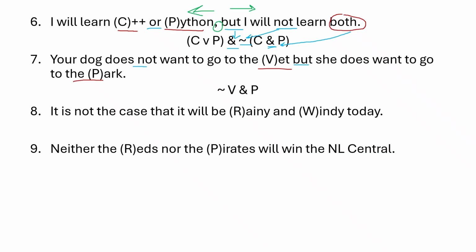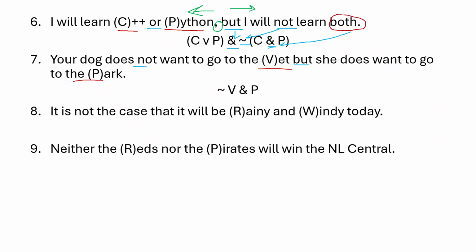If you were to include a set of parentheses, then what you're saying here is that your dog doesn't want to both go to the vet and the park, which would be something different than what that sentence actually says. It's trying to say your dog doesn't want to go to the vet, but it does want to go to the park. So important to realize here that the tilde only applies to that V. So let me erase that.